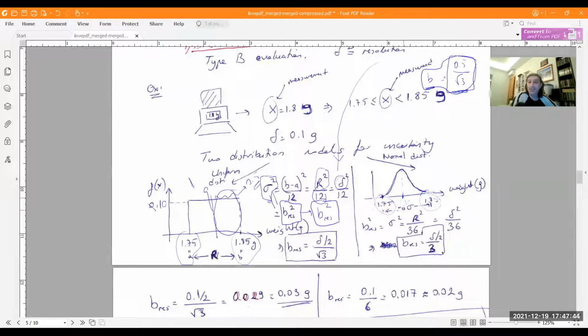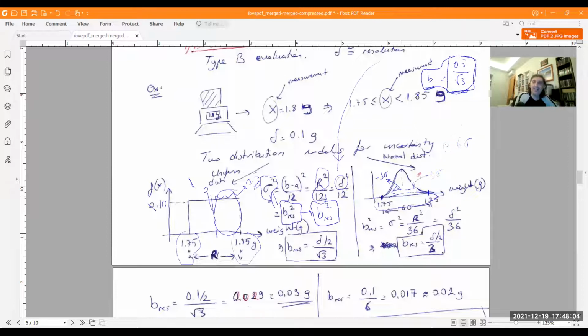It goes to minus infinity and plus infinity, but practically where this touches the x-axis, the left hand and the right hand, is about 3 sigma, minus and plus 3 sigma. So this whole width is going to be practically equal to 6 sigma.